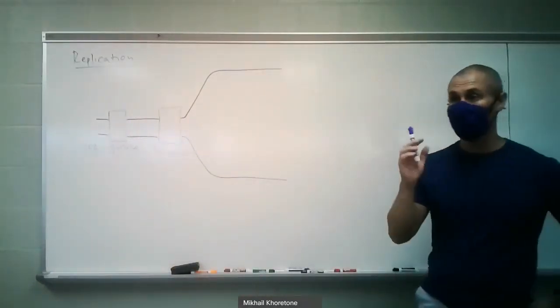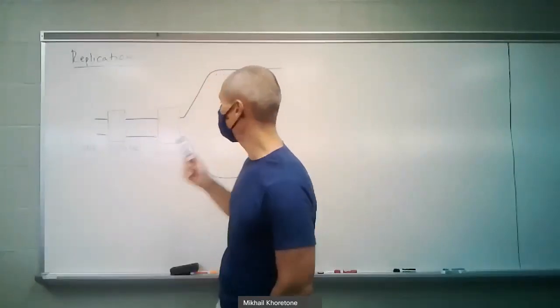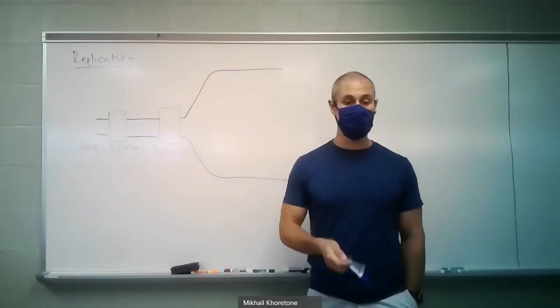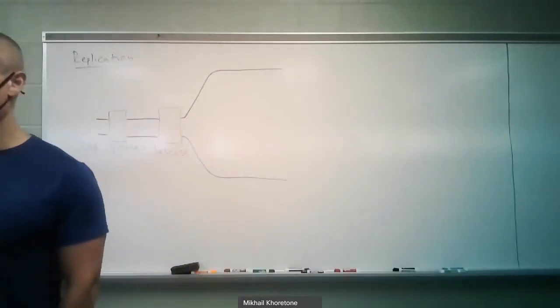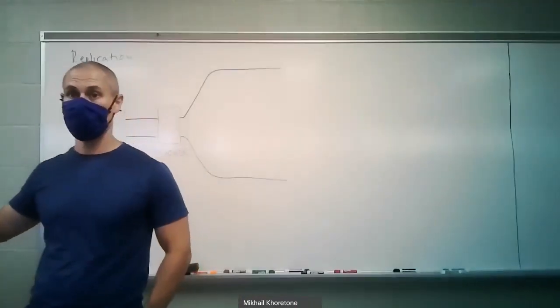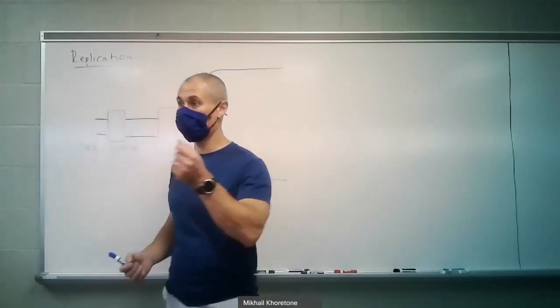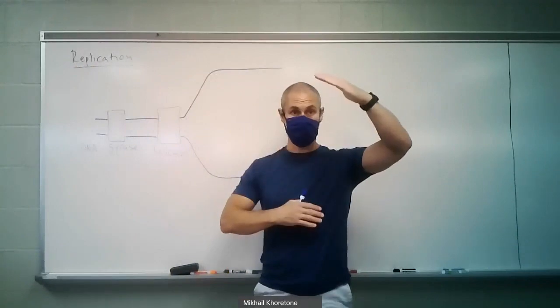Okay, now I want to pause here and explain a little bit more. The best analogy for what helicase does is a zipper like the one on my backpack. Helicase is like that little thing on the zipper that you're moving and the pocket becomes open, right?